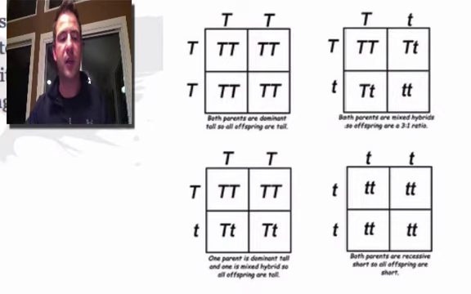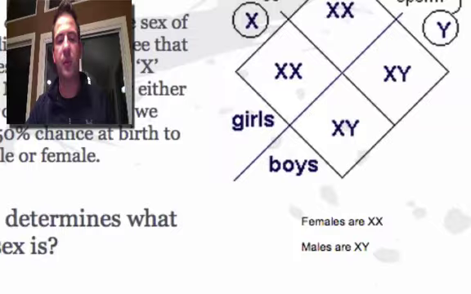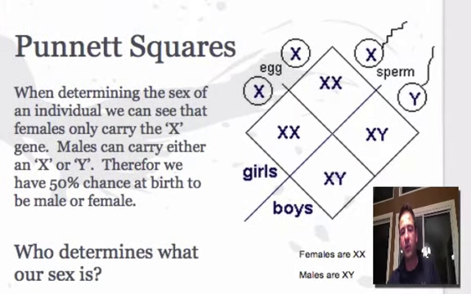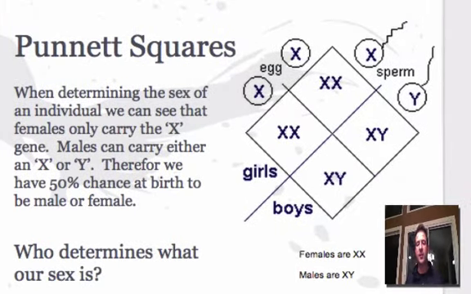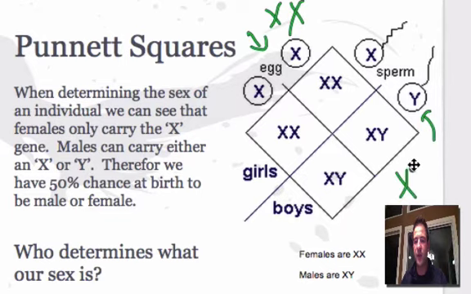Punnett squares are fun. They're a good way for scientists to determine probability. So if we take a look over here, if we're determining the chance that you're going to be a male or a female, we can tell right here that this is the female because it's an X and an X pairing. XX is female. We can tell this is the male over here because it's an XY.